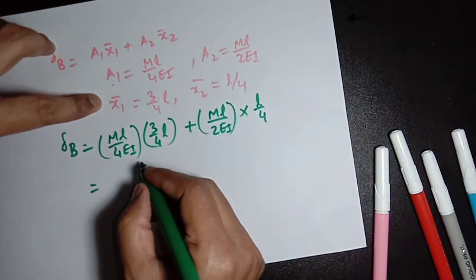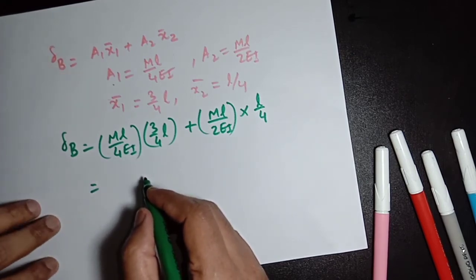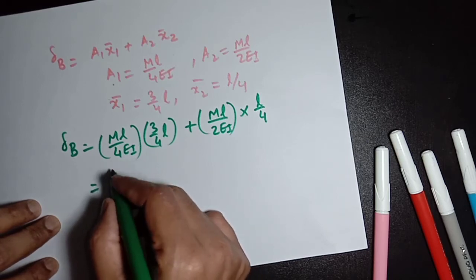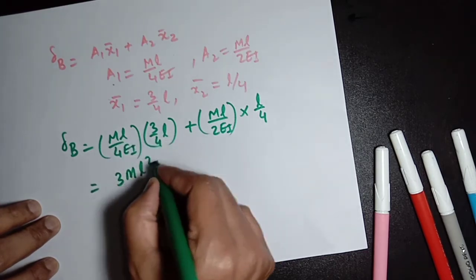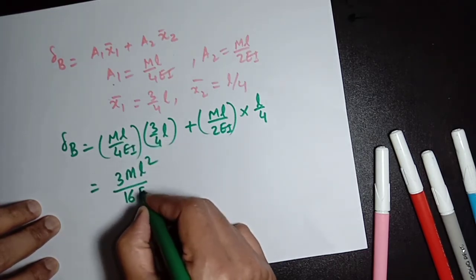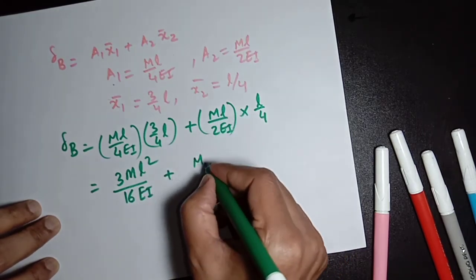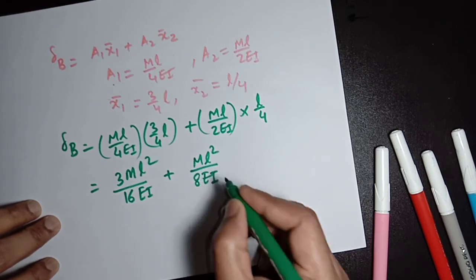Here it will be 3 ml square divided by 16 EI plus ml square divided by 8 EI.